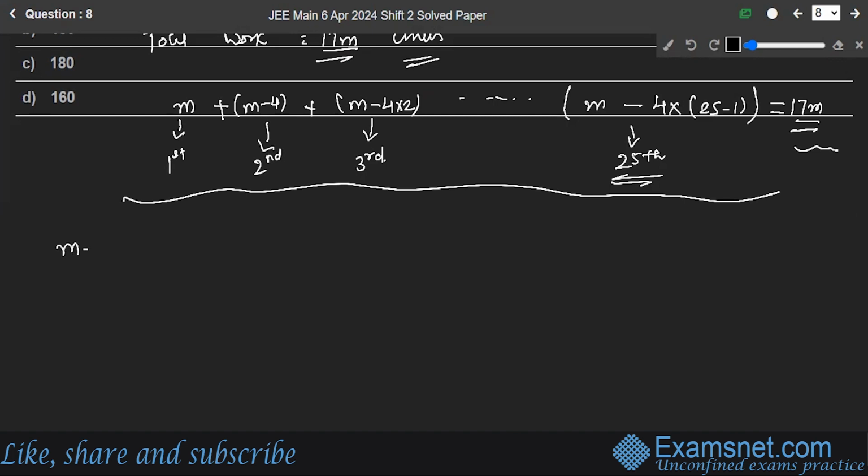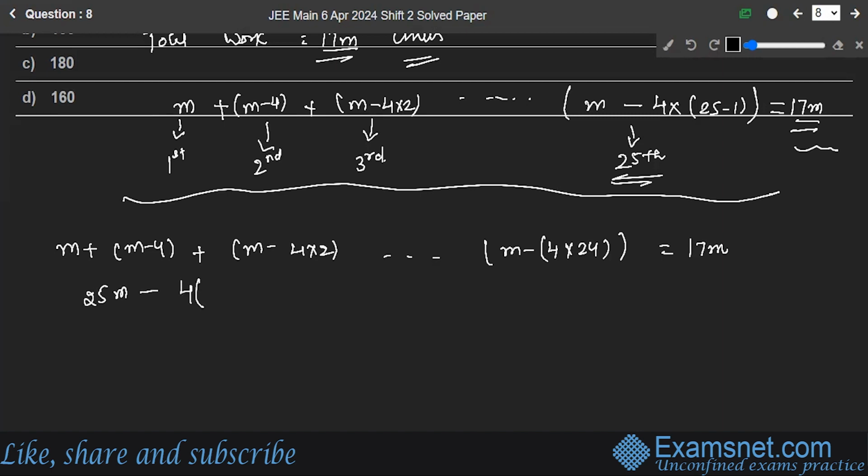So let's write it properly once. This is M, M minus 4, M minus 4 into 2, M minus this. This is equal to 17M, correct? So this will give me 25M minus 4. I'm taking common 1 plus 2, and so on till 24. This is equal to 17M, or you have 25M minus 17M is equal to 4, and this is the sum of 24 natural numbers.